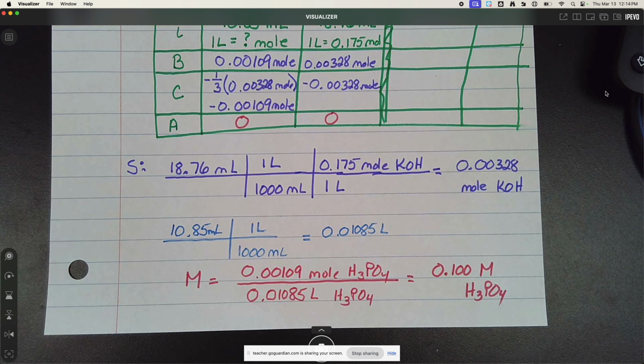Turns out this stuff was 0.100 molar H3PO4.